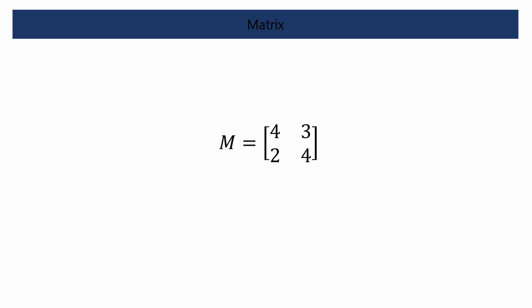It has 2 rows and 2 columns, so it is a 2 by 2 matrix. The number in row 1 and column 1 reads 4. The number in row 1 and column 2 reads 3, and so on. A matrix can represent more than one vector at a time, or a space transformation.